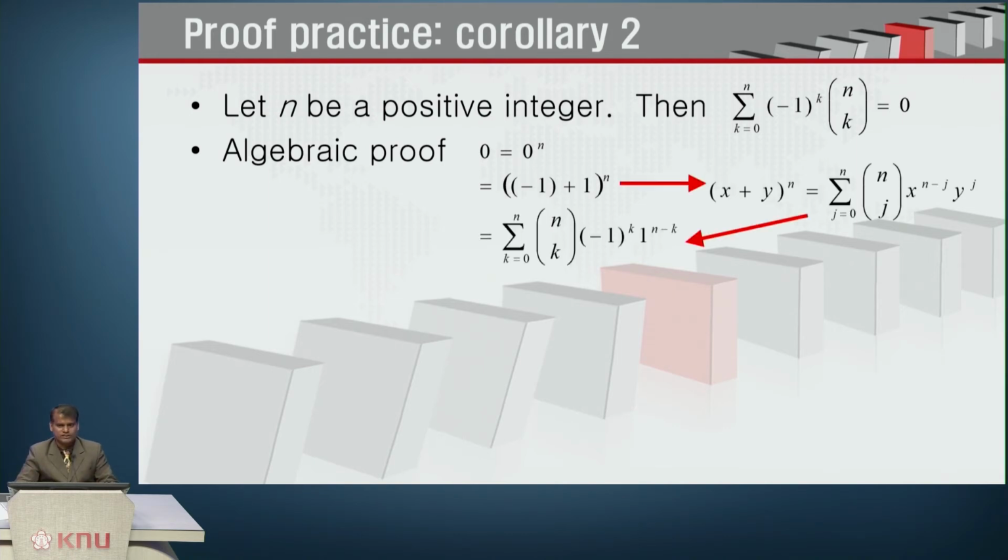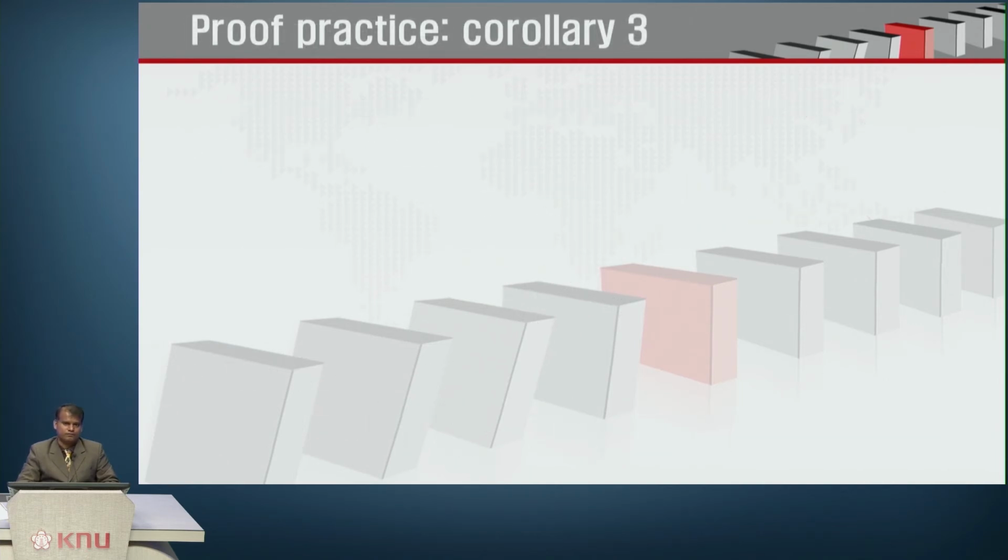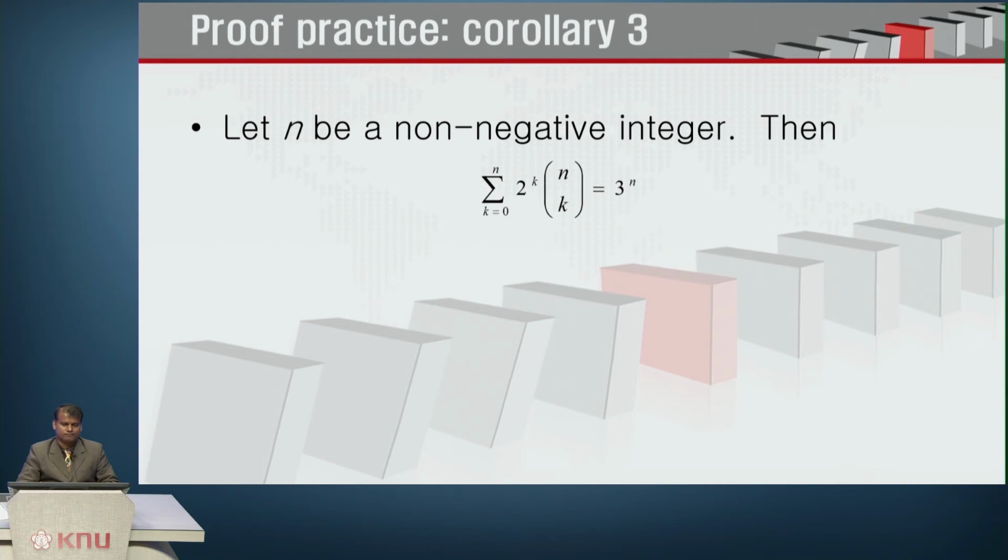So with this reference, we can move ahead and see how this has been dealt with, and this in fact implies that n choose 0 plus n choose 2 plus n choose 4 and so on equals n choose 1 plus n choose 3 plus n choose 5. In fact, these are all subsets, if you look at it from that point of view, and when you add these both parts, then you would come to this conclusion.